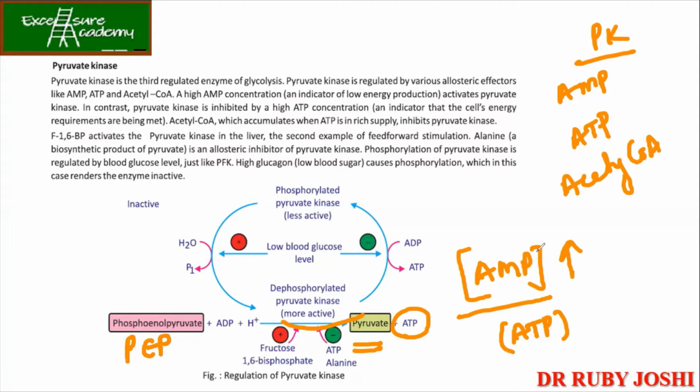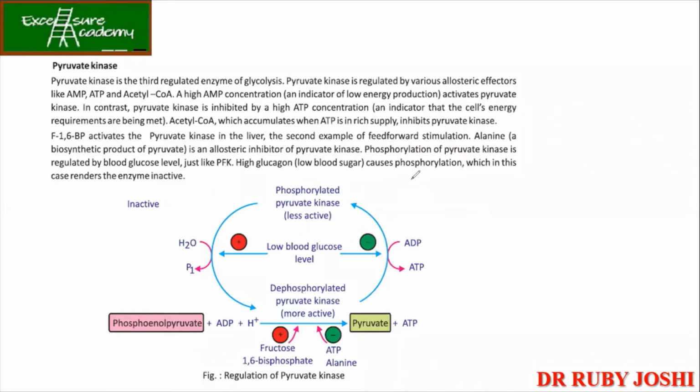If AMP is more, what happens to the concentration of ATP then? It is going to decrease, right? AMP means, from ATP, the phosphate group has been removed, right? So ATP on hydrolysis will give you ADP plus Pi.